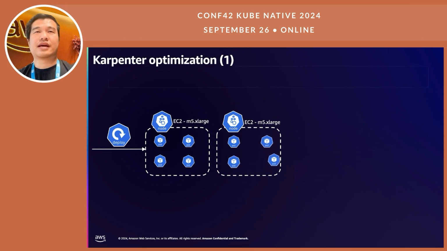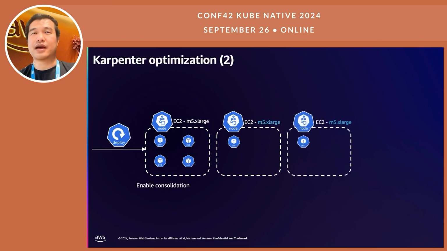So now it can group together those 2 pods inside the existing capacity. And this is the first case, and here is the second one. So the same, you have here M5 xlarge, and two of the pods are running separately.